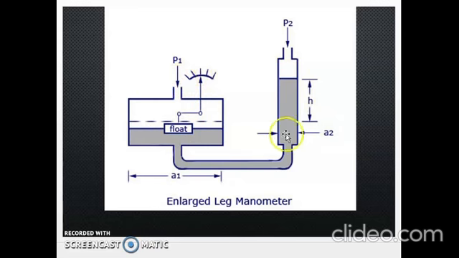So the change in height is directly shown by the relative movement of the float on the surface of the manometric liquid, and it can show the differential pressure directly on a pressure dial.